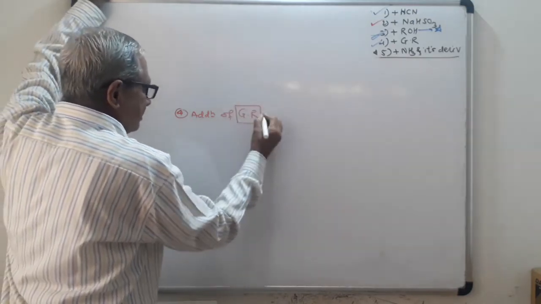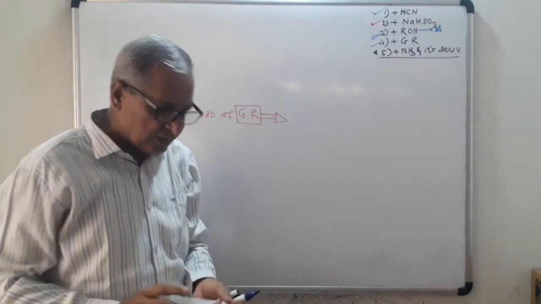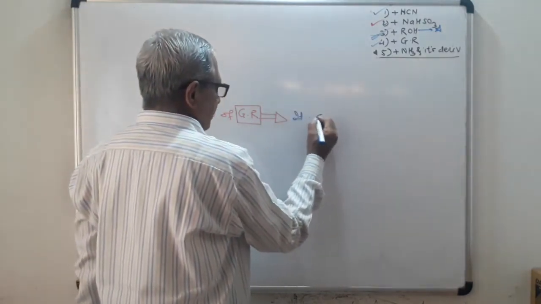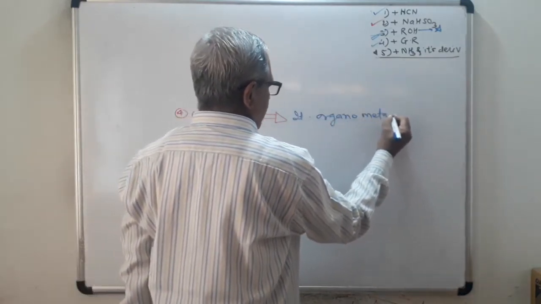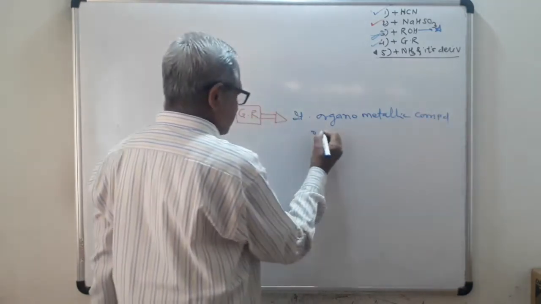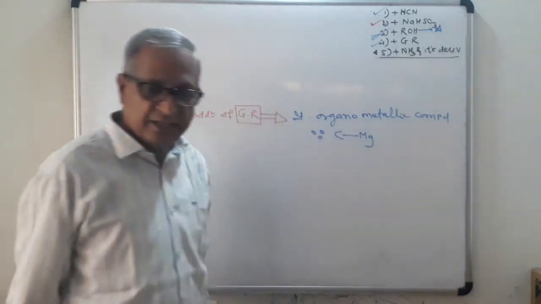First I will take the NEET or JEE-CET question on the Grignard's reagent. It is an organometallic compound, because carbon is directly attached to the metal magnesium.